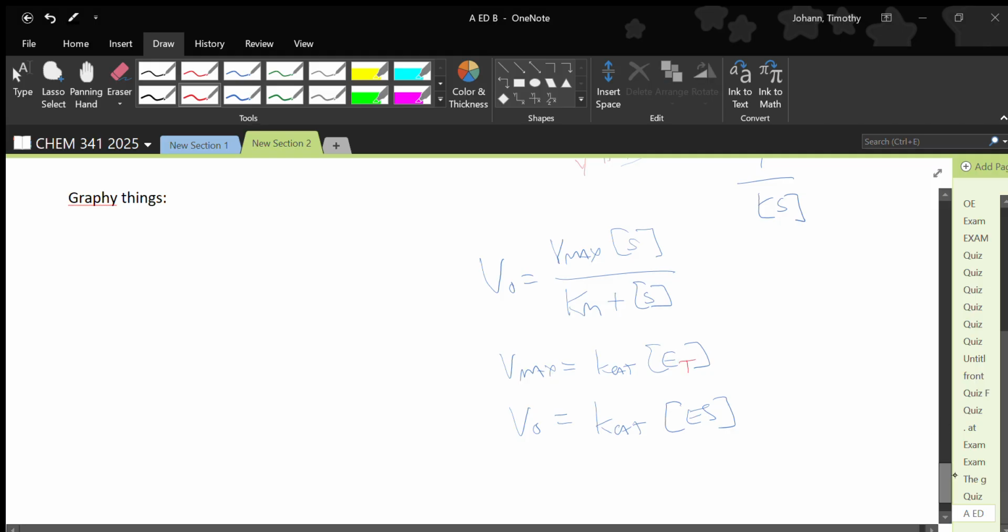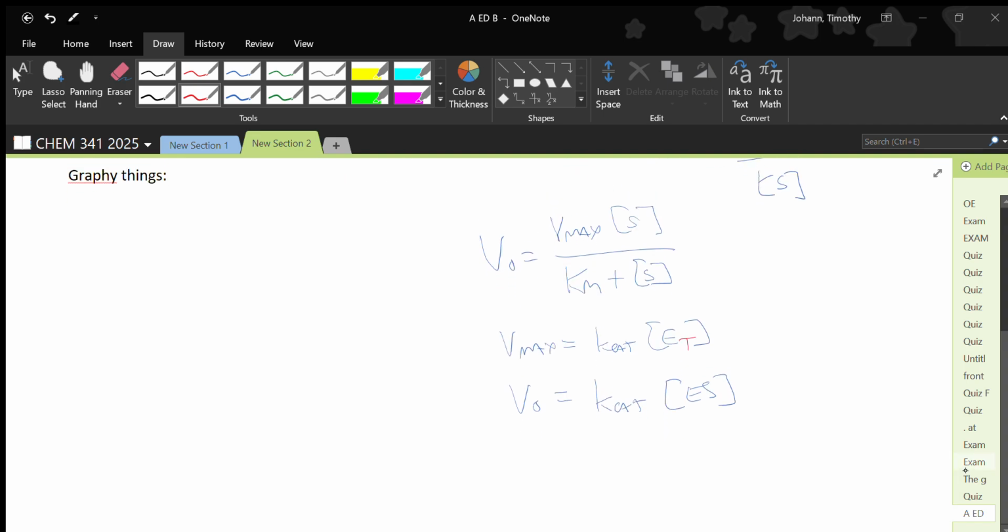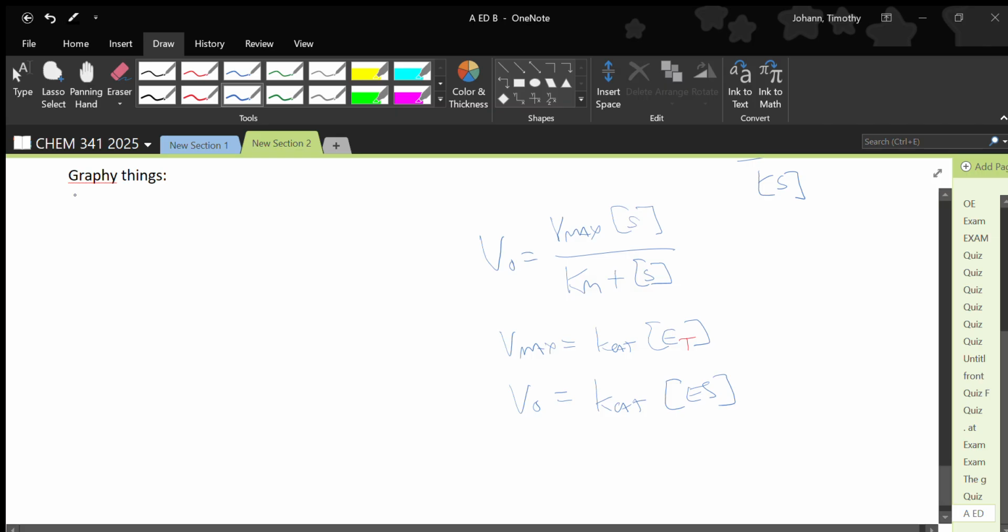I'll just leave it as a T like that. Okay, we've got that. And then we also have our steady state equation, right? That says our enzyme substrate complex is not going to change over time. But let's just start with a basic one.